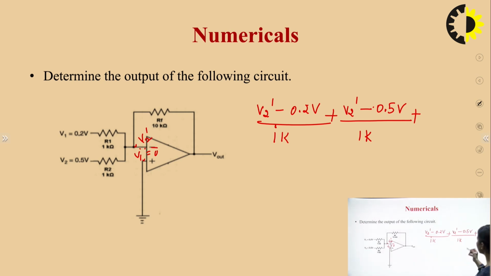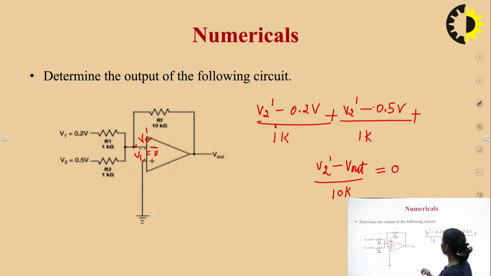So the third branch that we will take is (V2' - Vout)/10K equal to 0. So again V2' is 0, here also 0 and here also 0.